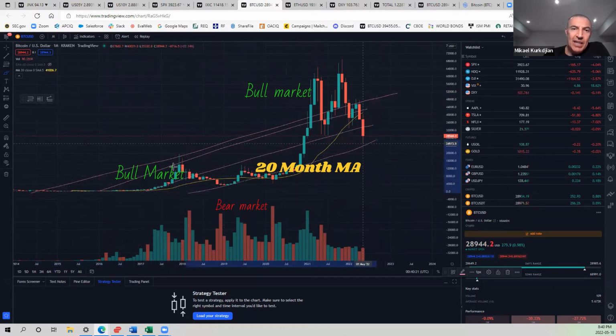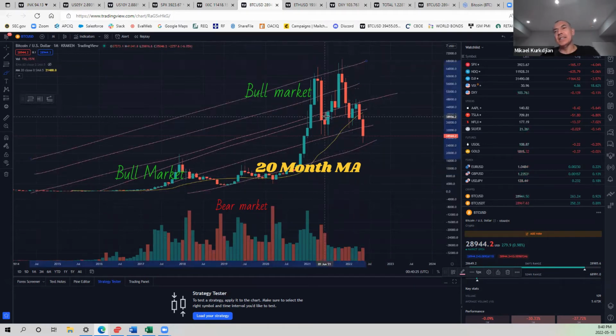If we look at what Bitcoin has done since its inception, it started trading officially around 2009, 2010. It's done phenomenal, and the returns have been great for all the investors. Unfortunately for me, I didn't get started in Bitcoin until last year, so I have missed out on most of this phenomenal gain.